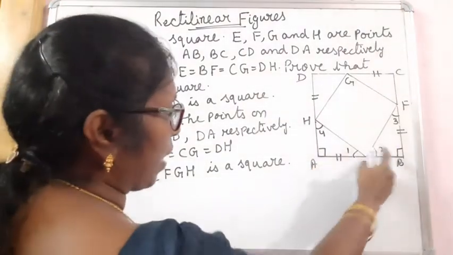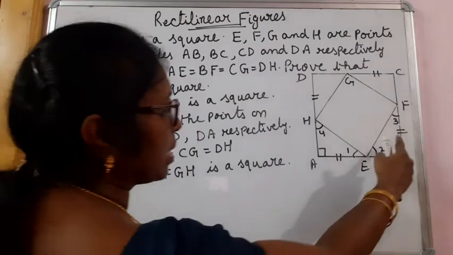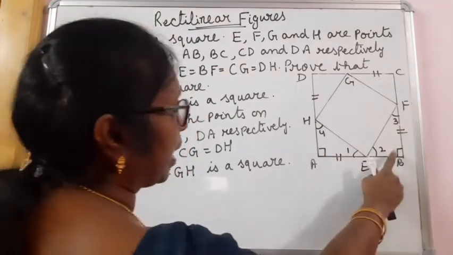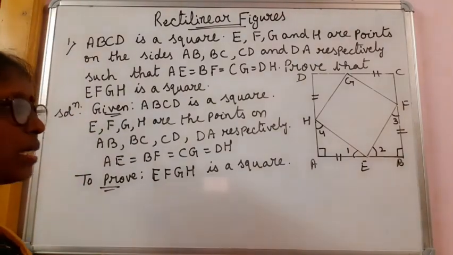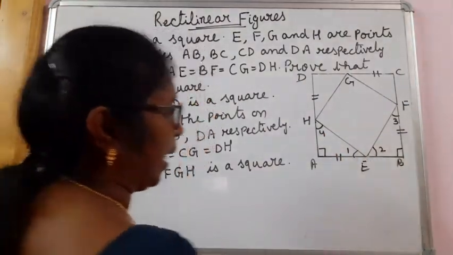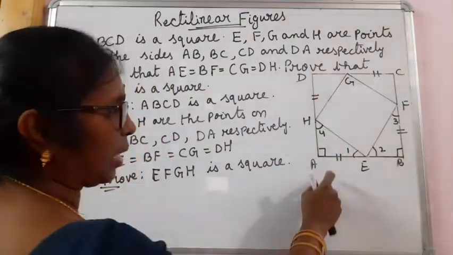See, in these two triangles AEH and BFE, AE is equal to BF, already given to us. Angle A and angle B are 90 degrees, given to us. And also here AH will be equal to BE, because we know that in a square all the sides are equal.